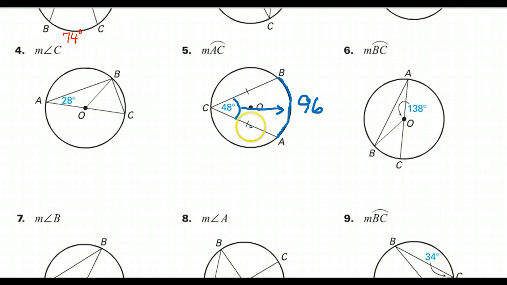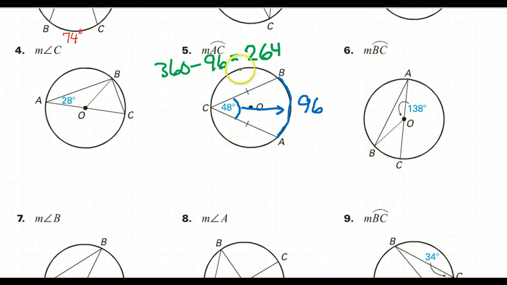Now you see how these two chords are congruent. That means we have some symmetry here. So that means the other two arcs are going to be congruent. So if I were you, I would start by subtracting this from 360, and then I would divide by 2. I feel like changing colors though, so let's go to green. If I do 360 minus 96, I get 264.